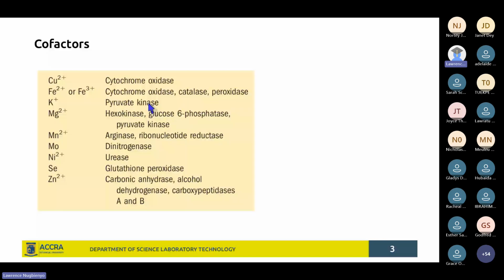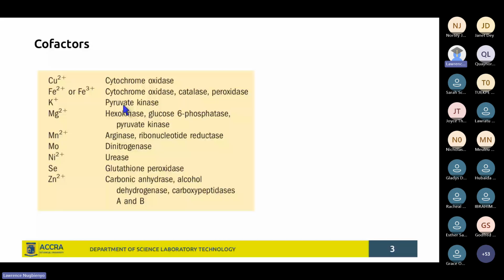I did mention that kinases were enzymes that were involved in the transfer of a phosphate group from one molecule to another. Usually you have phosphate groups that can be transferred from, say, cellular energy, ATP, onto a molecule as a form of activating that molecule. So that's a process of phosphorylation. You find potassium ions are cofactors to an enzyme such as pyruvate kinase.